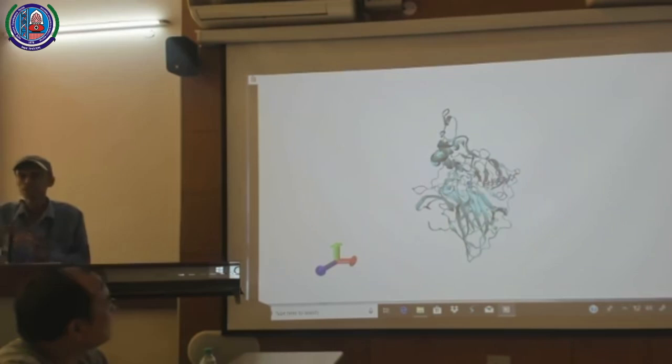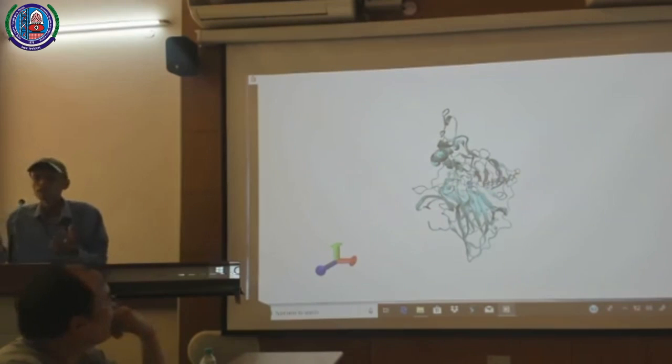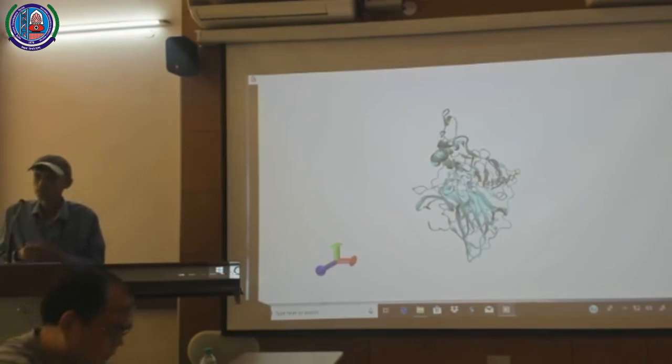So we made a model and chose different ligands based on an idea, because first you have to make a hypothesis about what this laccase might be doing in Yersinia, or in any pathogen. I consider Yersinia as a pathogen. When a patient suffers from diarrhea, and recently Yersinia is also reported for IBD and Crohn's, he goes to a doctor and takes some painkiller first, and he needs something to stop diarrhea.